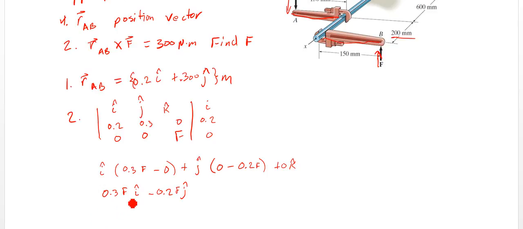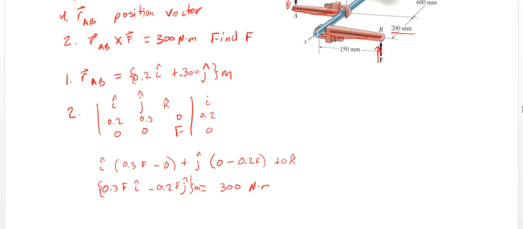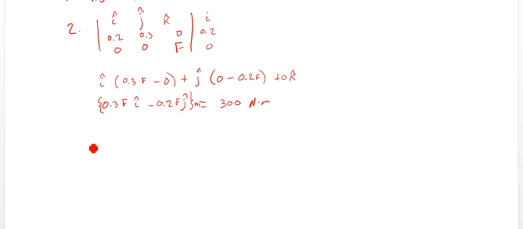So what I can do with that is I can set that equal to 300 newton meters. I actually really have a meter out here somewhere. Put that in here. So I have my force here, newtons there, that's my meter. So if I'm finding the length of this thing, I'll take the square root of that.